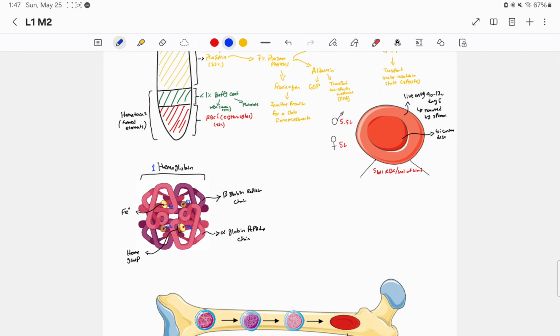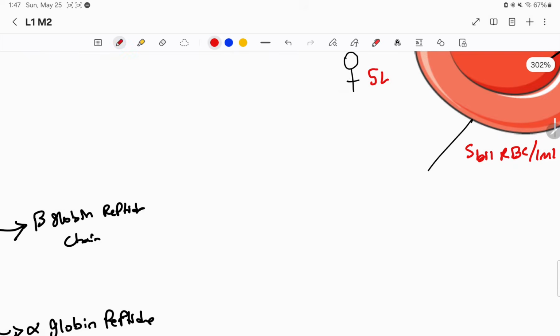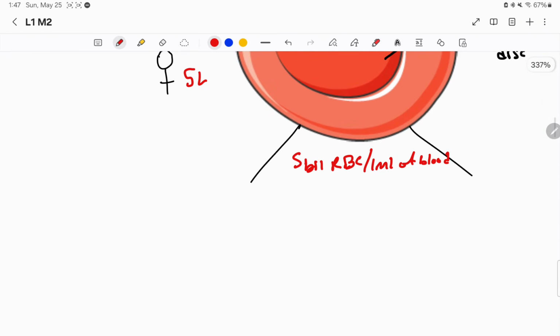Now, there are about, and this is going to be crazy to know, 250 million hemoglobin molecules per red blood cell. Okay, per RBC. All right.